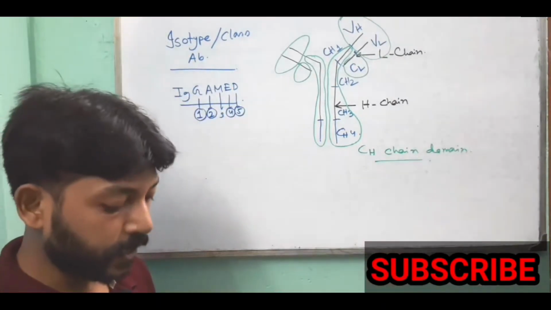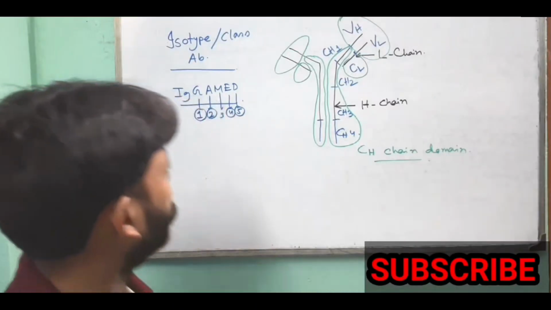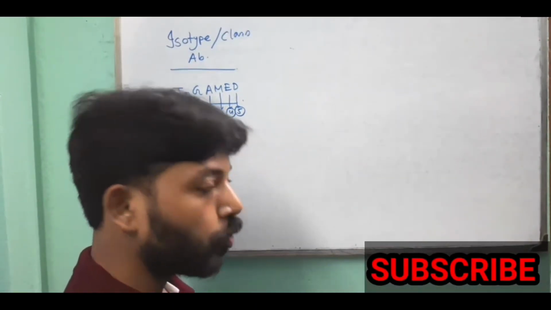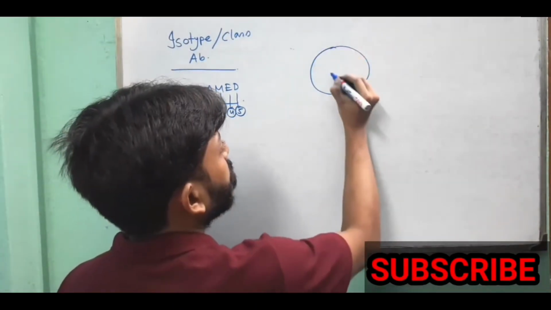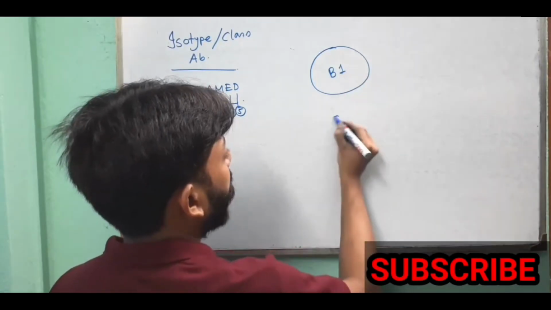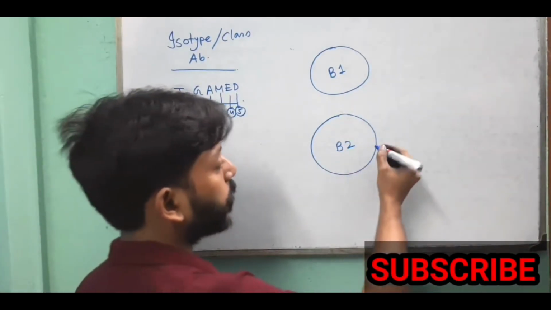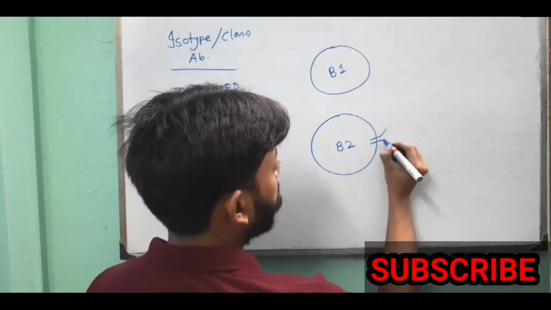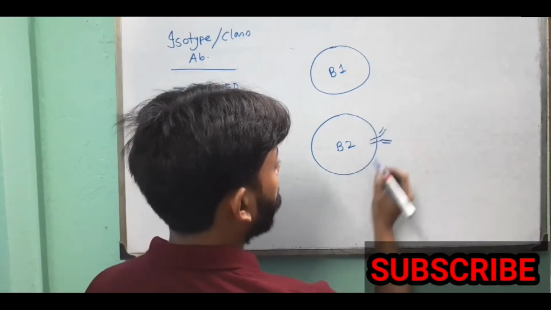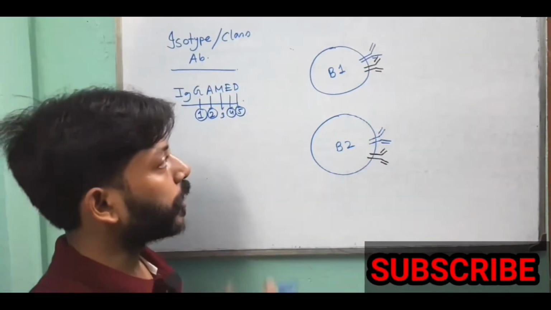For better understanding, I want to give you an example. Let's assume there are 2 B cells, B1 and B2, and they express the B cell receptor, meaning IgM and IgD, in membrane-bound form. This is called naive.